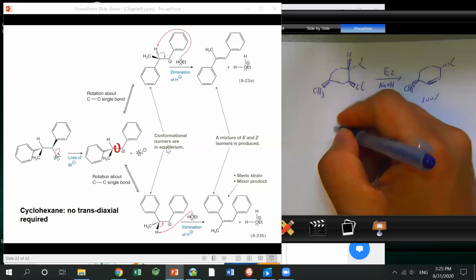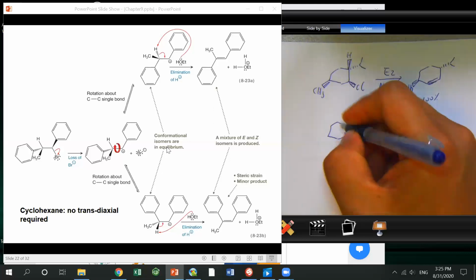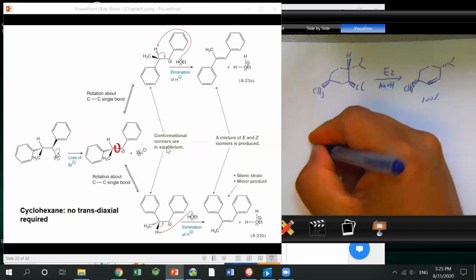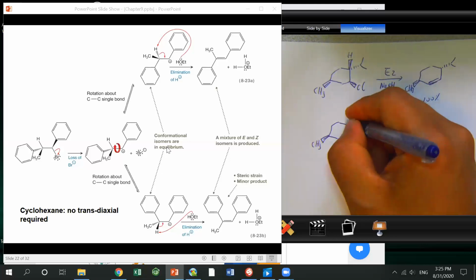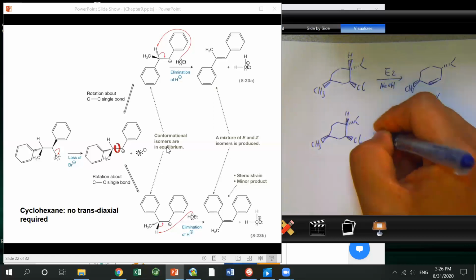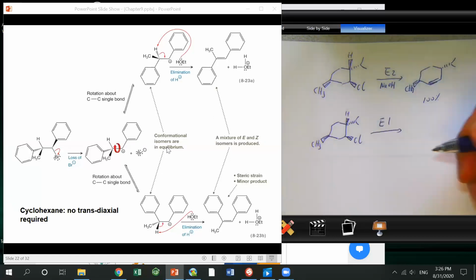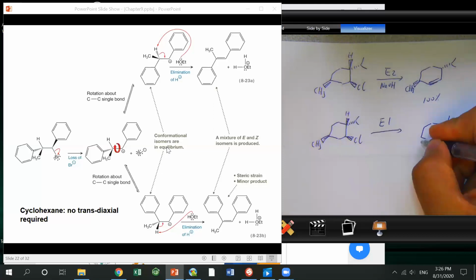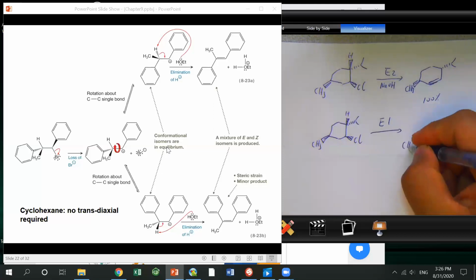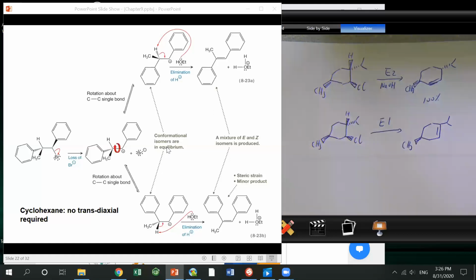But if you use the same substrate and do the E1 elimination, the major product is actually still the same thing. For E1 elimination, you can do the elimination, no problem. Actually, it is preferred, because this one can give a more substituted alkene.